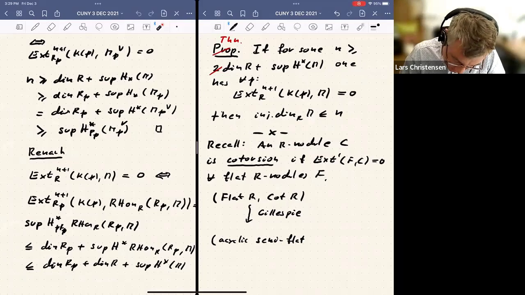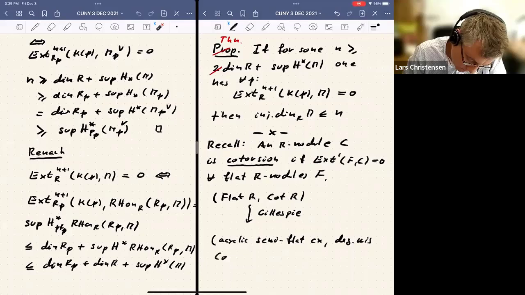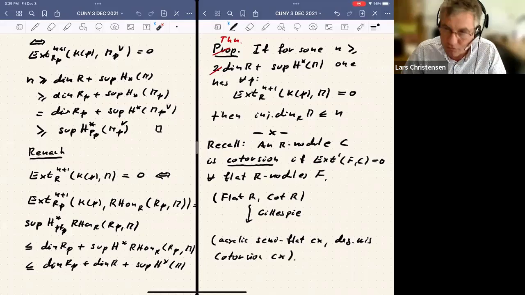So acyclic semi-flat complexes and degree-wise cotorsion complexes. That is also a cotorsion pair, now in the category of complexes.